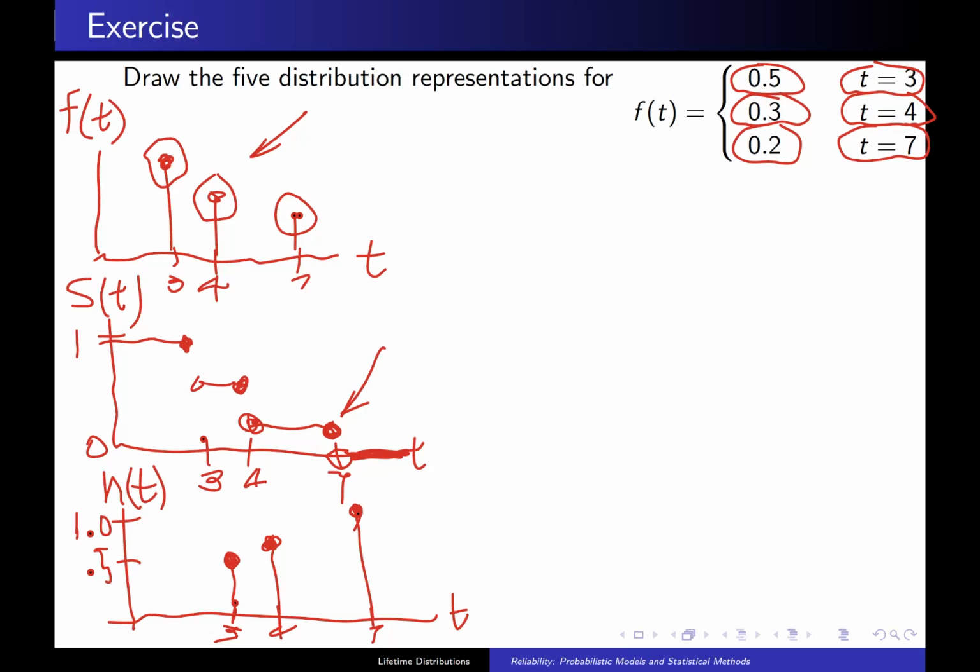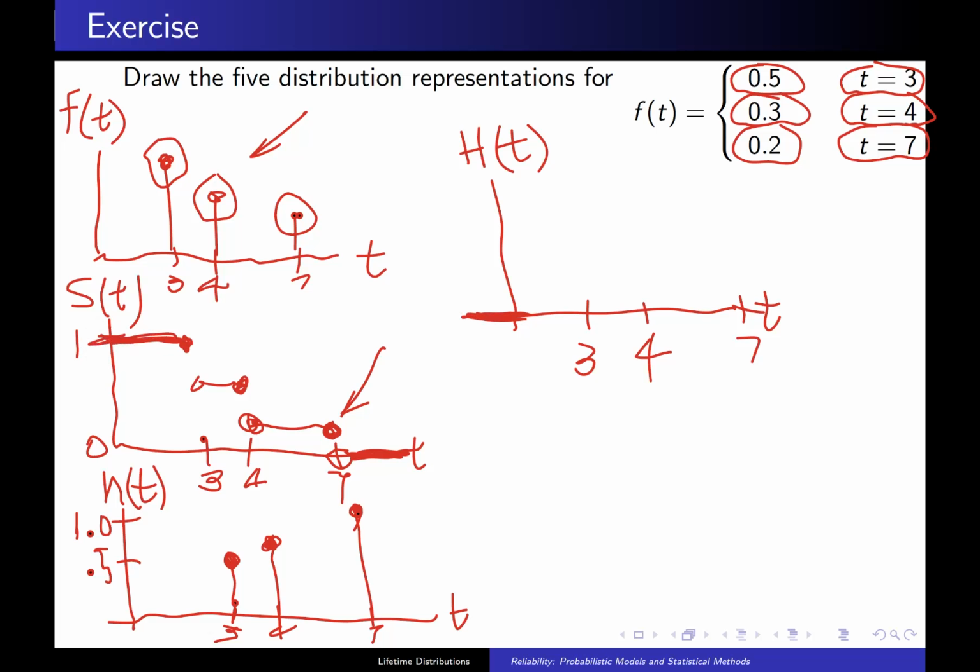We have two more functions to do. The first one is the cumulative hazard function. If you put in 3, 4, and 7 as your mass values, then what you have along here, you remember, is the opposite of the logarithm of S of t. Well, S of t in this area right here is 1, so the natural log of 1 is 0, so it is going to be 0 here.